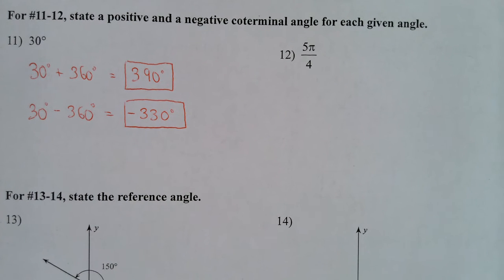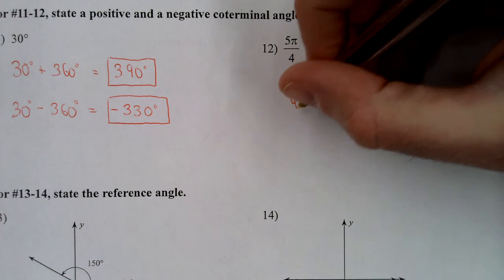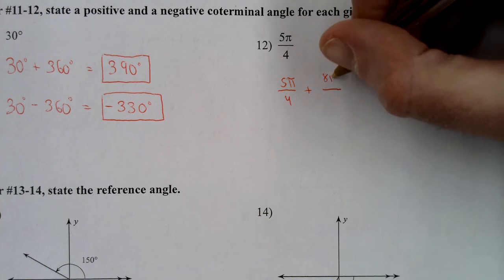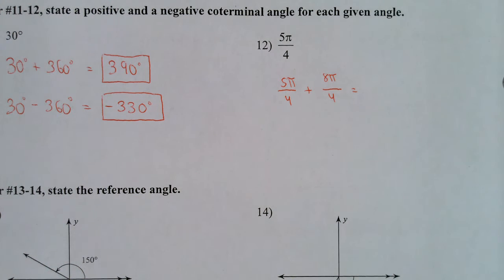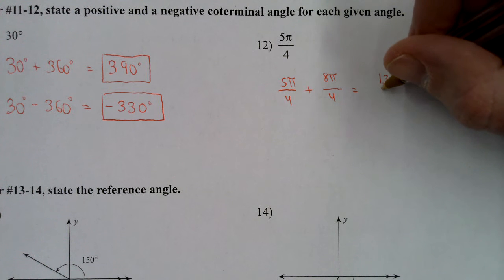Now, number 12, same thing, but instead of adding 360, I'm going to add the radian equivalent to 360, which is 2 pi. So I would do 5 pi over 4 plus 2 pi. So I'm going to write that as 8 pi over 4 to get a common denominator. That'll give me 13 pi over 4.